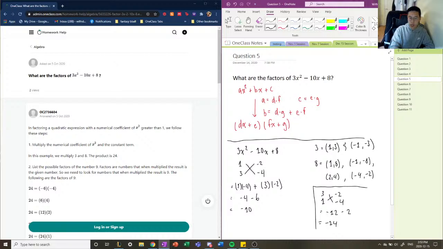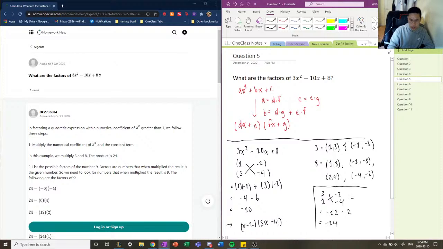Because what happens after we figure out that these are our factors is that this here becomes our first factor and this here becomes our second factor. So it's going to be x minus 2 and 3x minus 4 as our factors, okay?